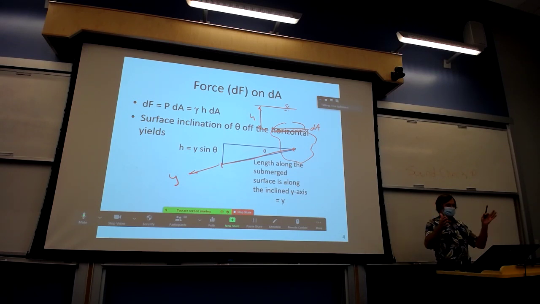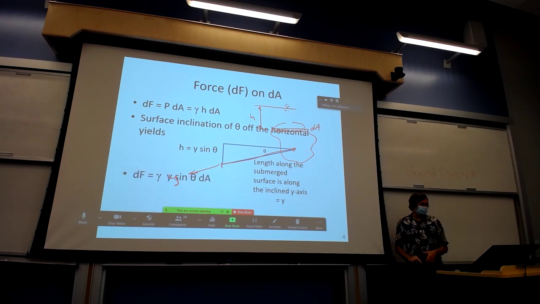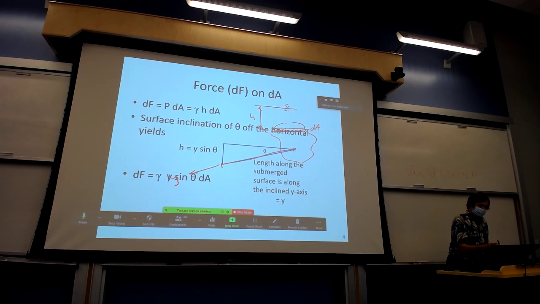In this case, the vertical dimension would be the inclined dimension times the sine theta. And therefore, in the equation up above, where we had a vertical dimension, dF is equal to gamma h dA, we can substitute y sine theta in for h.